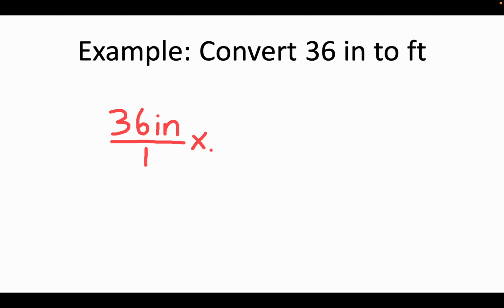And then we're going to multiply by our unit multiplier. When we're doing that, we want to cancel out the units that we don't need, and we want to end up with the units that we do need. So here, we don't want to have inches anymore. So I want to have my inches on the bottom of this unit multiplier and the feet at the top.